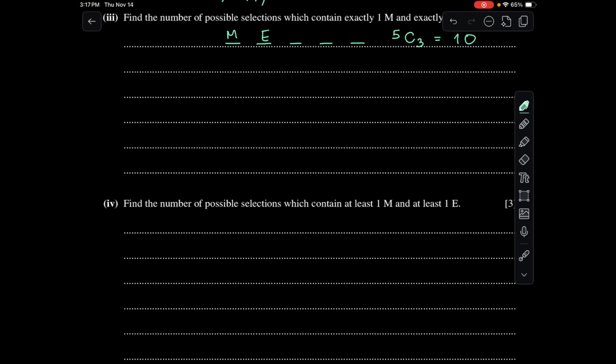Part 4 is asking us, find the number of possible selections which contain at least one M and at least one E. So we have 2 M's and 2 E's. We should have 5 letters. At least one M and at least one E. This is your first selection.